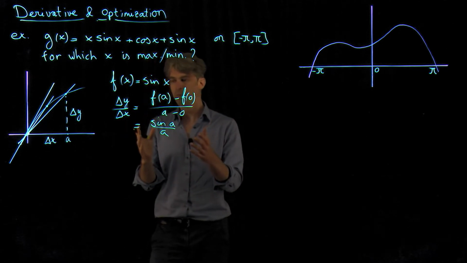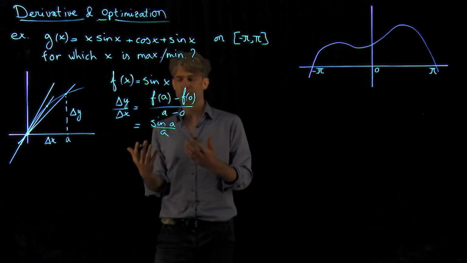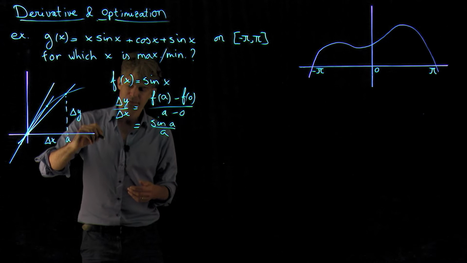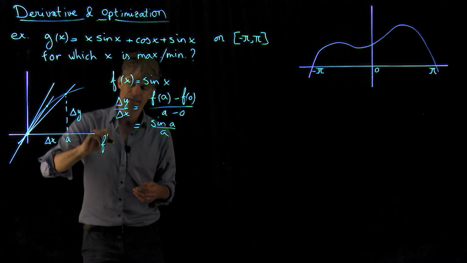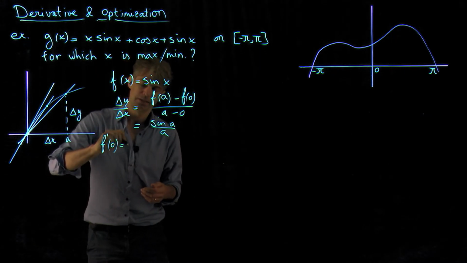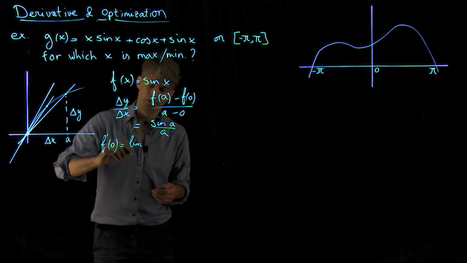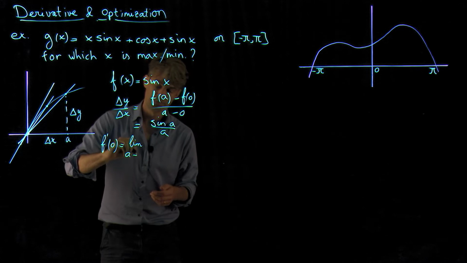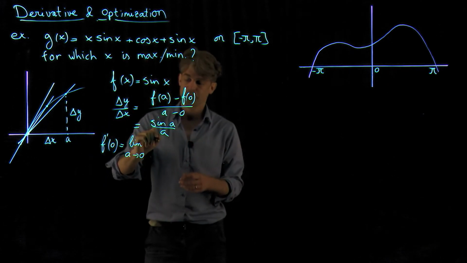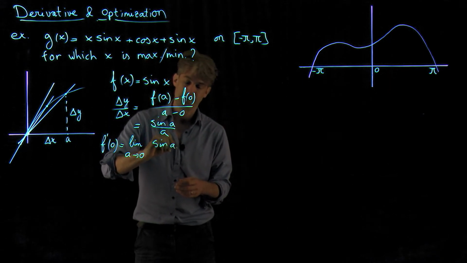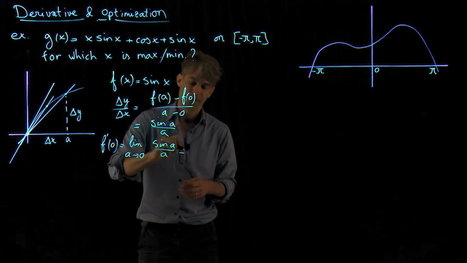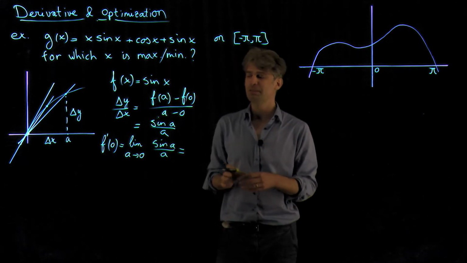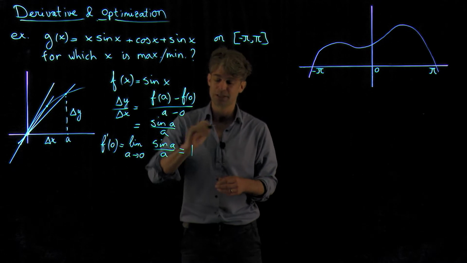So that's the slope. And now for the limit procedure, the derivative of this function f at 0 will be the limit where this a now goes to 0 of this slope, the sine of a divided by a. And fortunately, this was exactly the limit we discussed in the previous video, so we know it's 1.